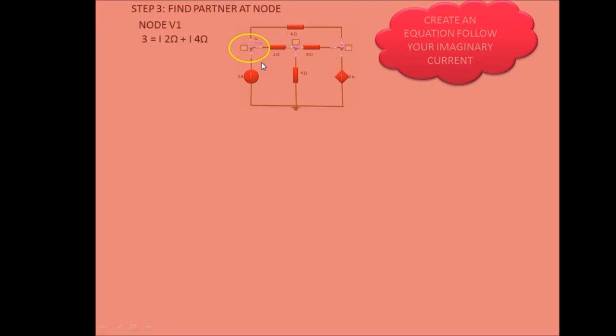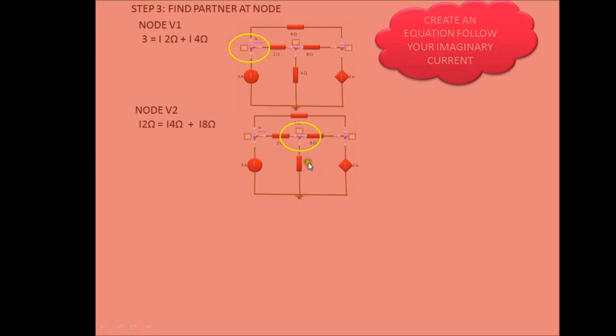Okay, this is for node V2. Same as node V1. The equation is I2 ohm equals I4 ohm plus I8 ohm. We should see the arrows: I2 ohm is going in and I4 ohm and I8 ohm are going out.